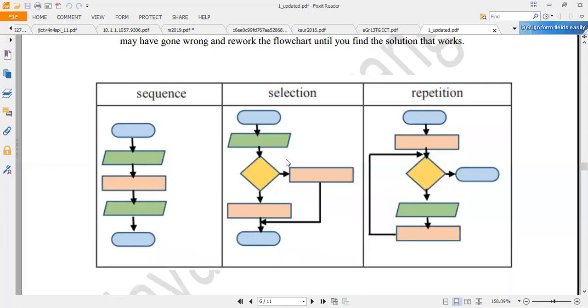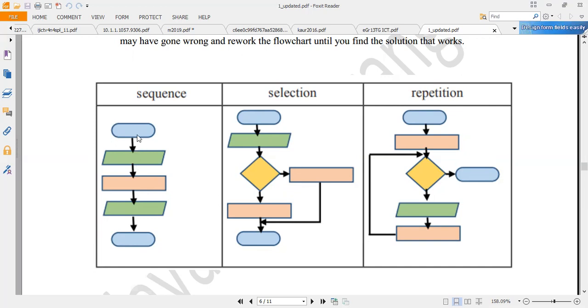So in selection, between the input, output and processes, we check some condition. With the condition, there can be two flows, yes and no. So two flows for the process. The repetition also repeats the actions, but there is a condition. When the condition is satisfied, it can be true for the end stage.